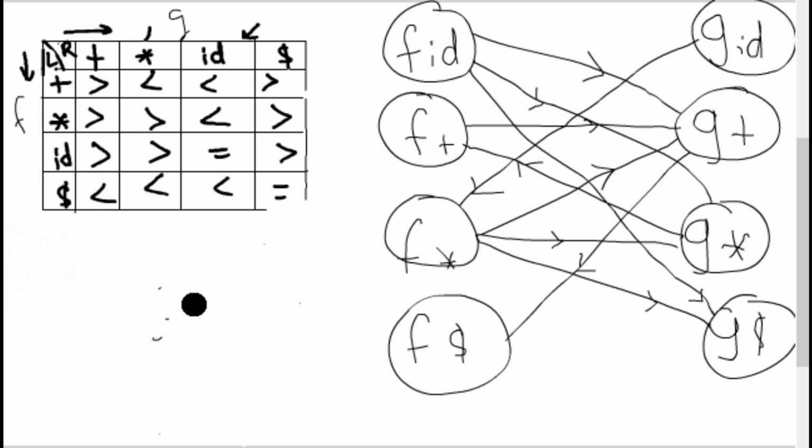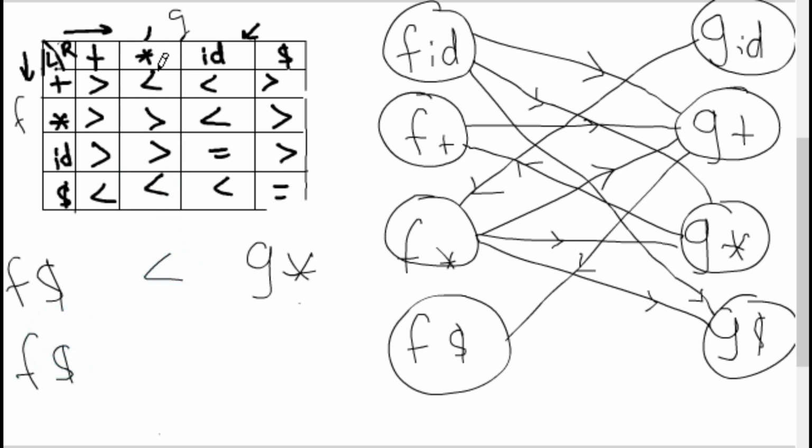Now let us do f dollar. This is f dollar and this is g star. In between f dollar and g star there is this symbol. Again there is f dollar and then there is g id. In between f dollar and g id there is this symbol.